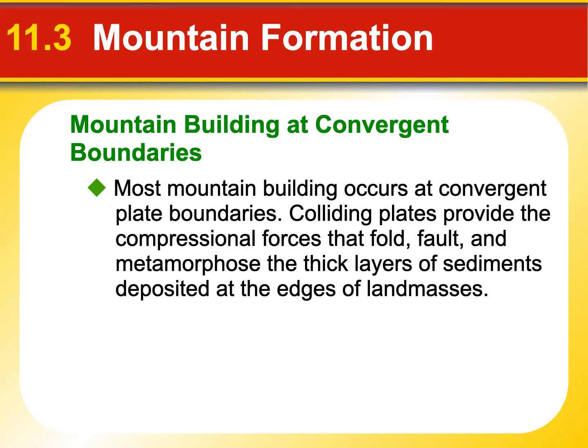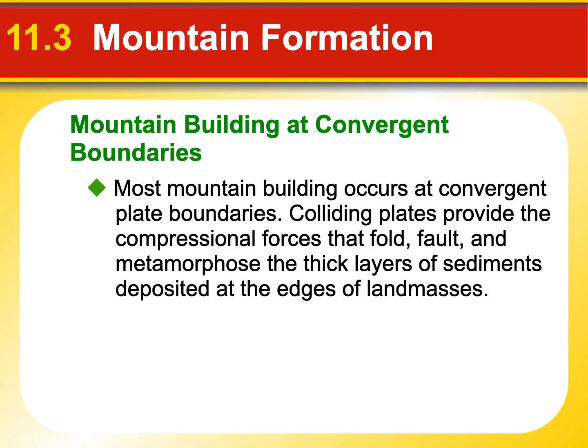Let's continue to talk about these convergent boundaries. Most mountains that we see on Earth's surface, on land anyway, are formed by convergent plate boundaries. I think that's a question on your quiz. A convergent plate boundary is when two plates actually collide, and there's these compressional forces, almost like just pushing and crinkling and pushing in, like think about pushing from two sides of a piece of paper, and everything accordions, it folds, it faults, rock metamorphoses.